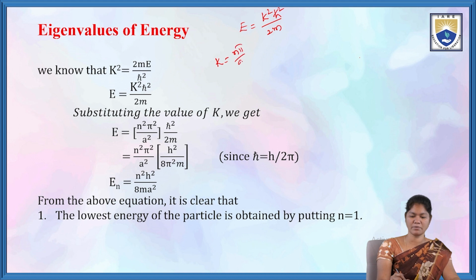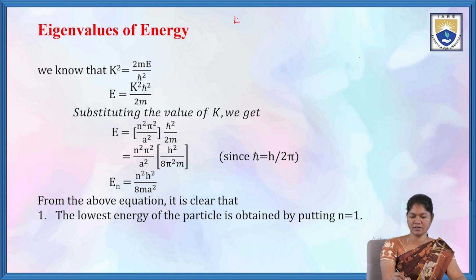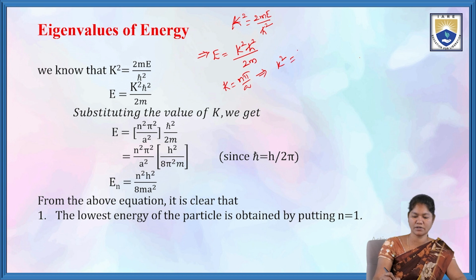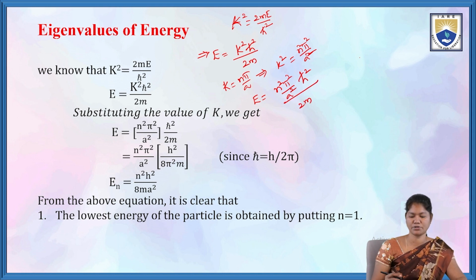Substituting k = nπ/a, k² = n²π²/a². From k² = 2mE/ħ², E = k²ħ²/2m. So E = n²π²/a² × ħ²/2m.